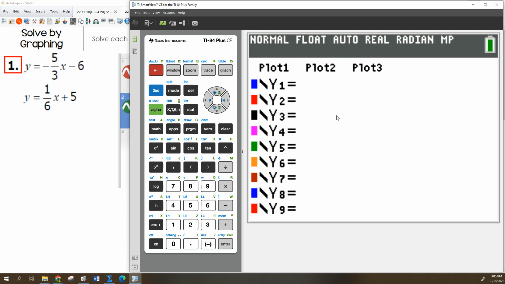So y1 equals -5/3. Okay, so how do I deal with the fraction? A couple ways. If I don't want to mess around with a fraction template, I can always just put fractions in parentheses and treat them like a single number, right? So I could just put in parentheses -5/3, close the parentheses. There's my fraction times x minus 6.